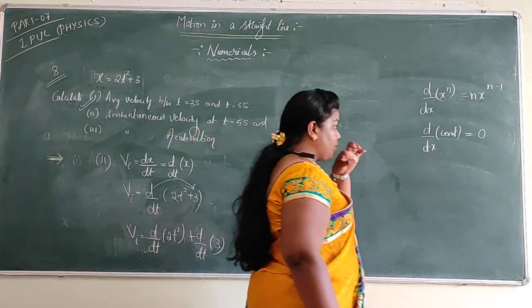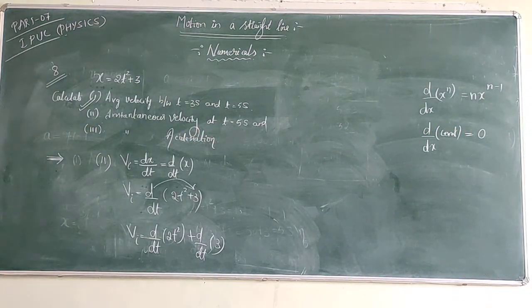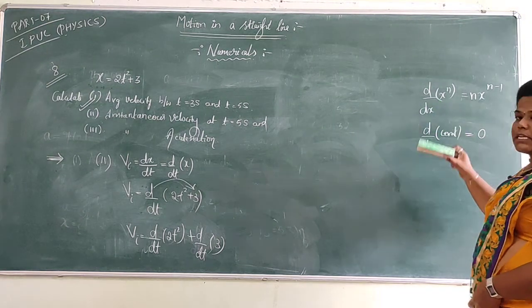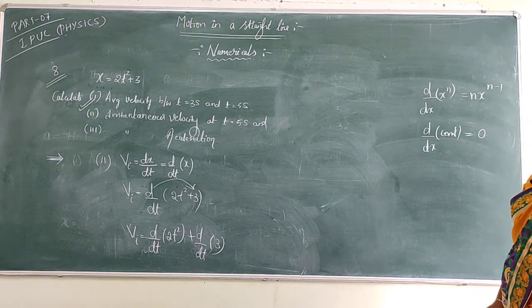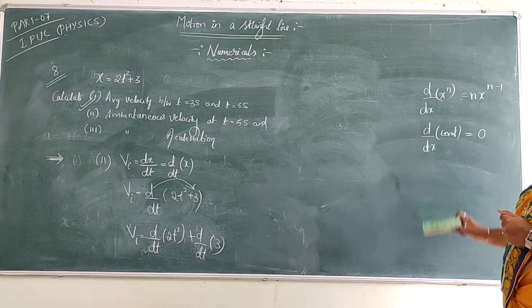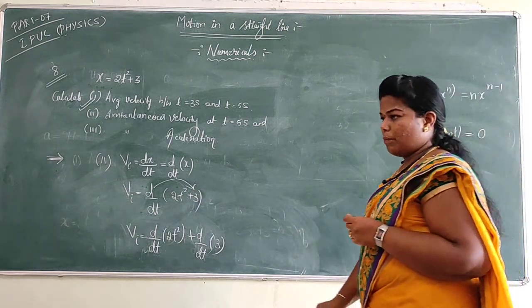In the part 6 video in the previous class I discussed some of the formulas of calculus from mathematics, so I am writing them on the board. The formula d by dx of x power n is n into x to the power of n minus 1, and d by dx of a constant is equal to 0.